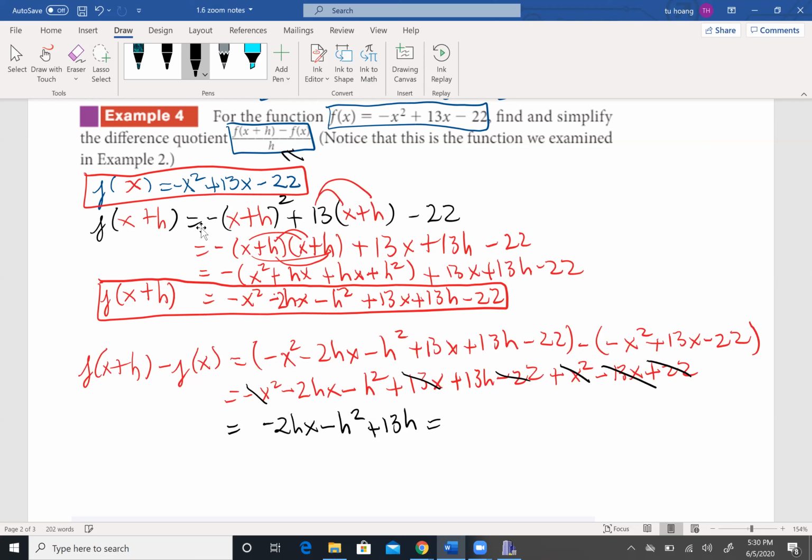Inside here I will have 13 first because it's positive, and then minus 2x, and then minus h. Okay.